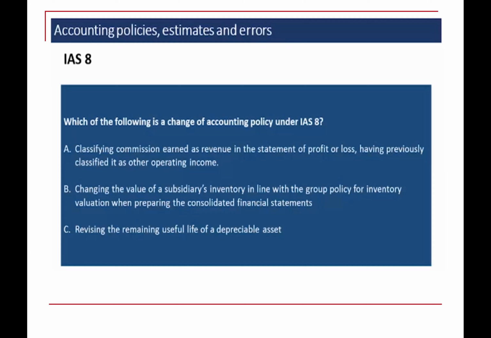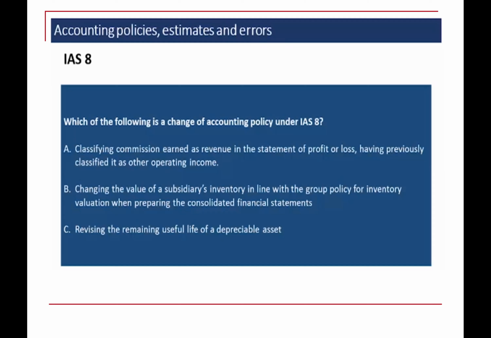What we are changing is the amount of the value, which means we are simply changing the accounting estimate from the subsidiary's perspective, not necessarily changing the group policy. I'm sure this will become clearer when we are talking about how we consolidate inventory when we meet on Monday. So this is actually a reflection of a change in accounting estimate as opposed to an accounting policy.